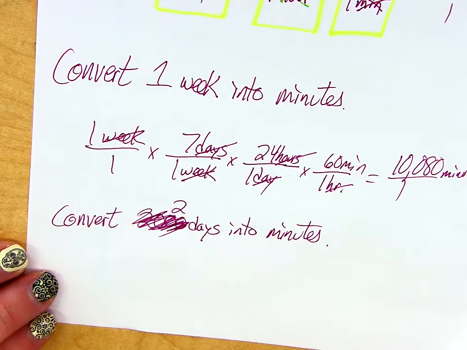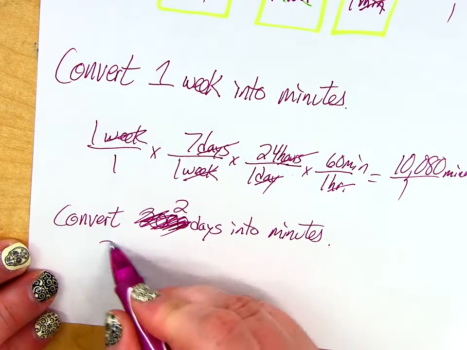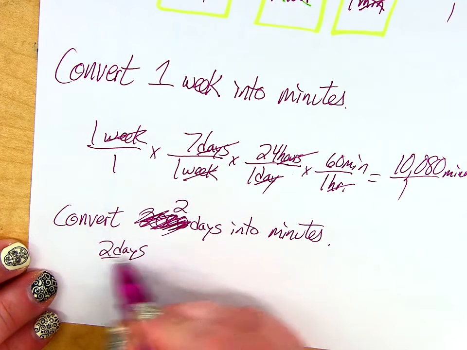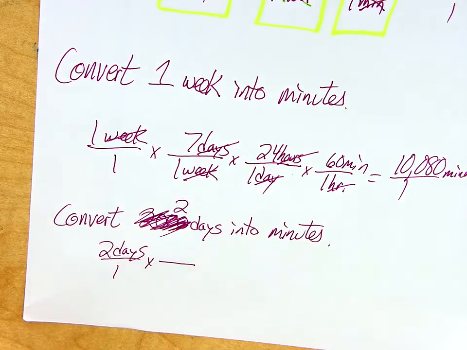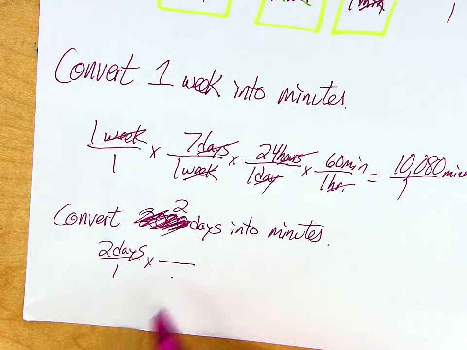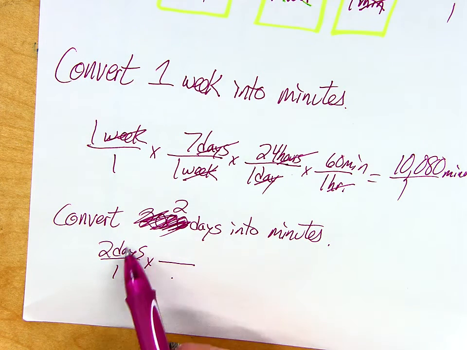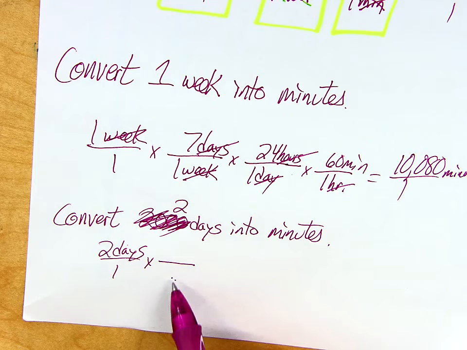Yeah, so your very first thing that you start with, you put 2 days over 1. And then you just told me that there's 24 hours in a day, right? So what has to go on the bottom? Yeah, because you had days on top, so now you put days on the bottom. So you put 1 day on the bottom, 24 hours on the top. And then you got to do 1 more.